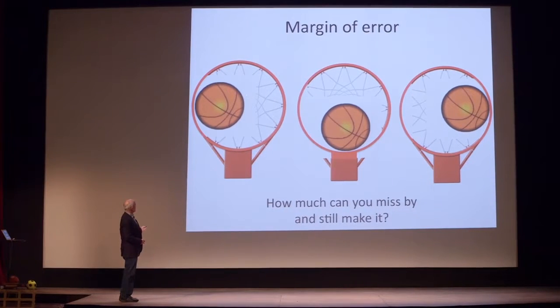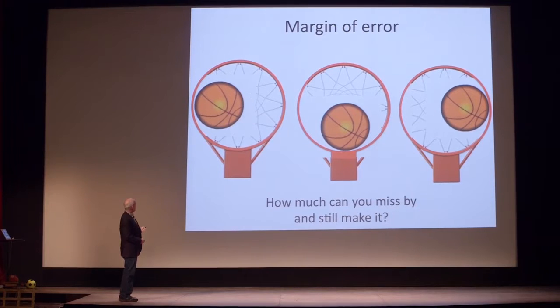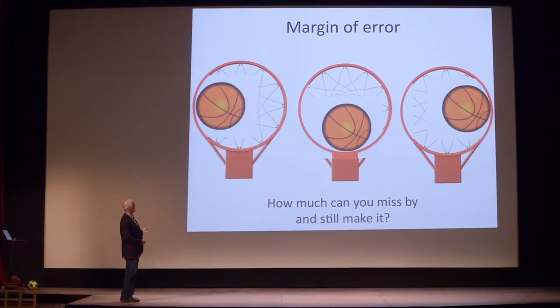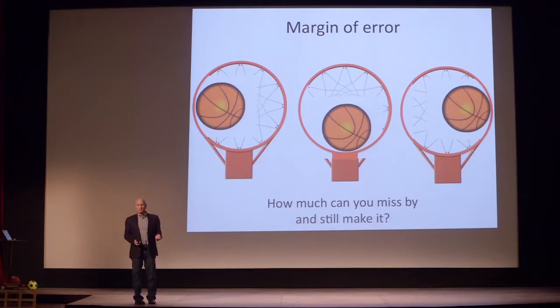And maybe you can help me with some pointers here, but one of the obvious things is that because the ball is smaller by almost a factor of 2 in diameter than the rim is, there is some margin of error. You can miss a little bit, and it still works.